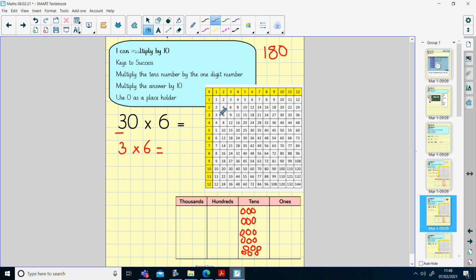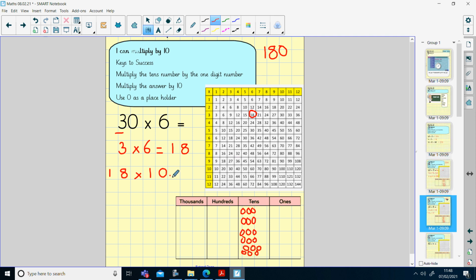So down to the 3, across to the 6, and the answer is 18. Then I've got to multiply the answer by 10. So I'm now going to do 18, so that's my answer here, remember, by 10. And the reason I'm doing that is because my 30 at the beginning is 10 times bigger.